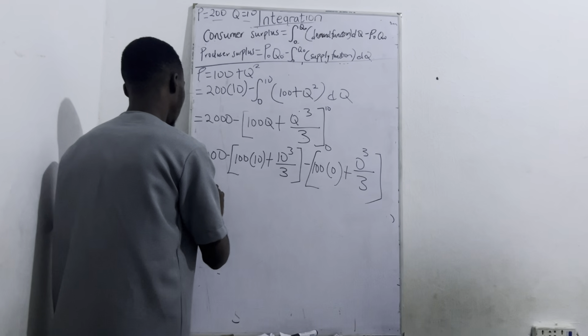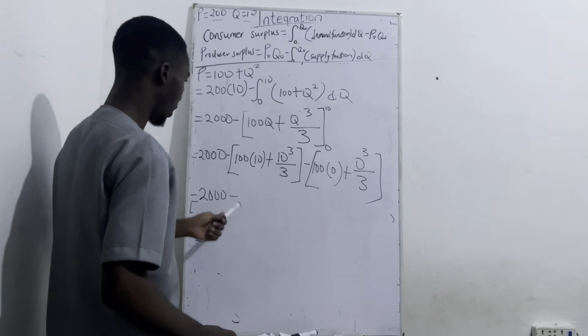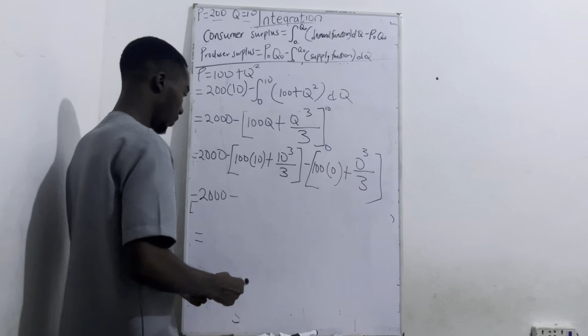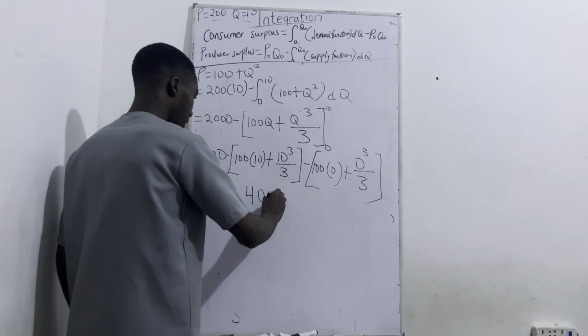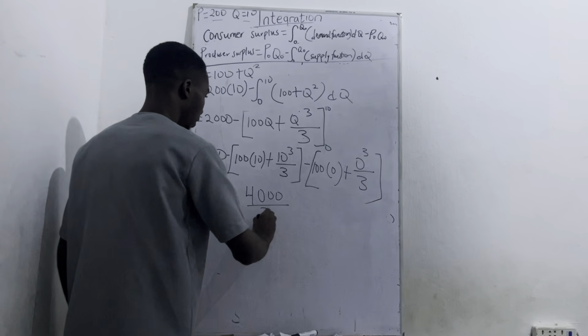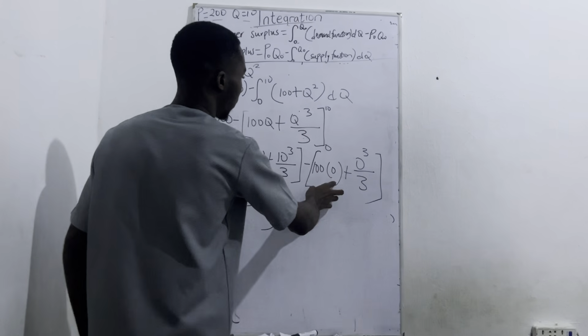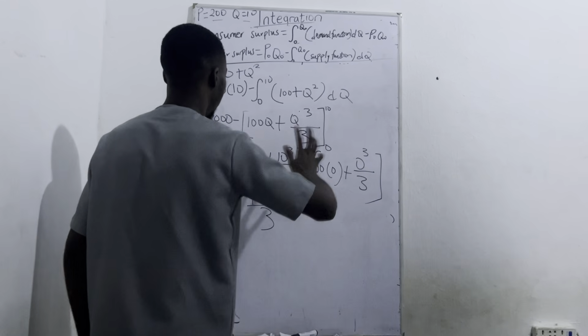It's equal to 2000 minus, when you punch this on the calculator, 100 times 10 plus 10 cube over 3, you should be getting 4000 over 3. Then here, 100 times 0 is 0, plus 0 cube over 3 is also 0. So this whole thing gives you 0.